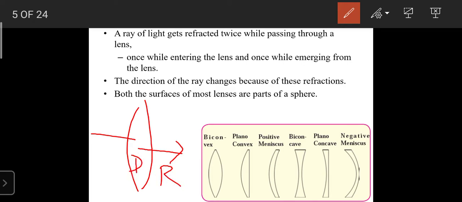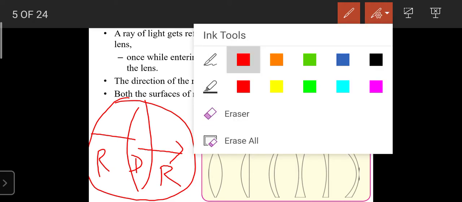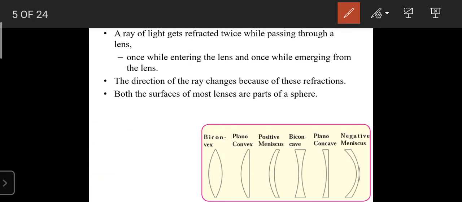So first rarer to denser and then denser to rarer, that is double refraction. Each lens is doing double refraction. So keep in mind, once while entering the lens and once while emerging from the lens, the ray of light undergoes refraction twice. The direction of the ray changes because of this refraction.